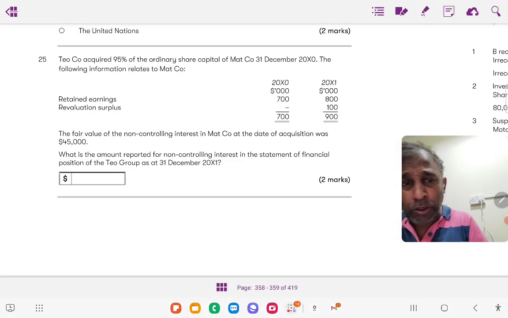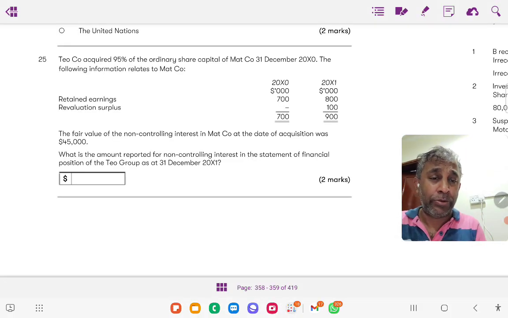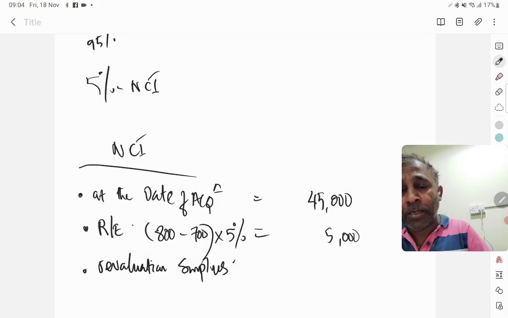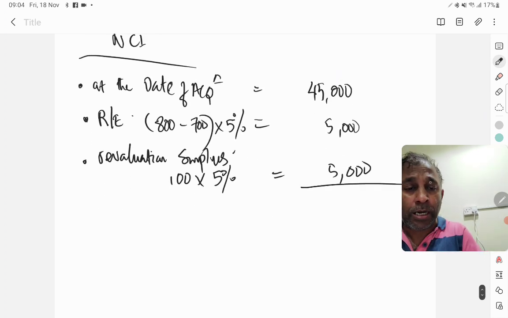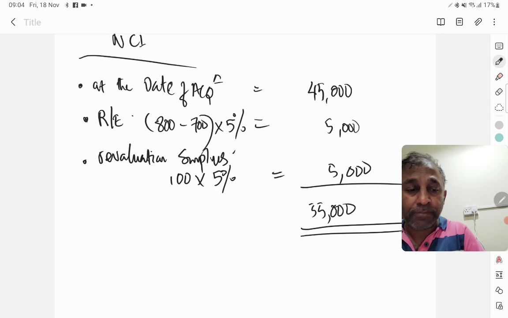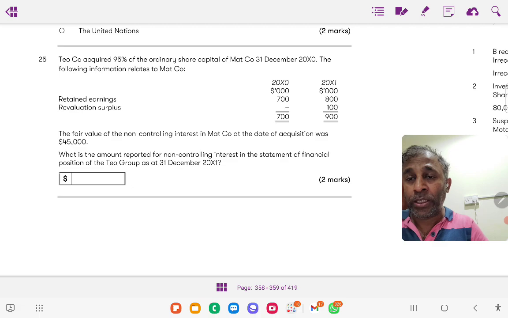We don't have it at the date of acquisition, so we only have it at the balance sheet date. So all are post-acquisition, so that is 100, and the NCI percentage is 5, so again 5,000. So the total answer will be 55,000. So that is the answer for question number 25.